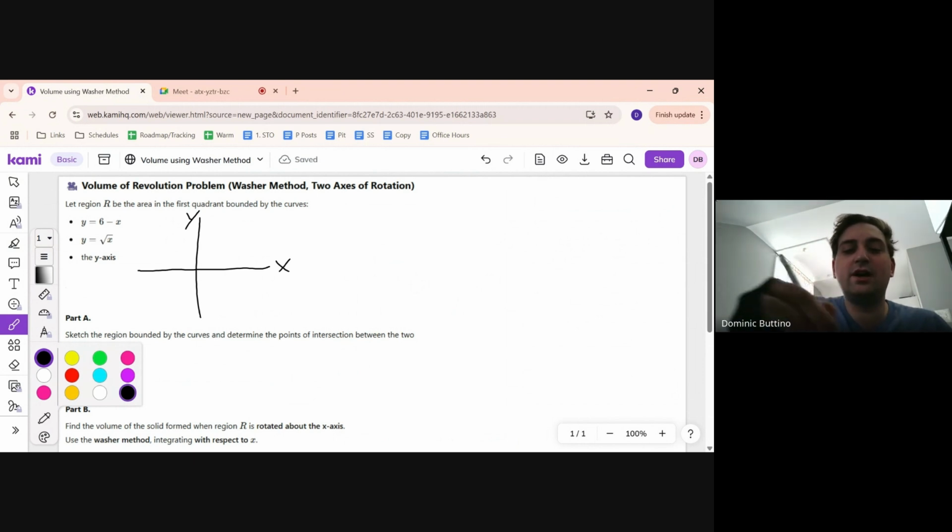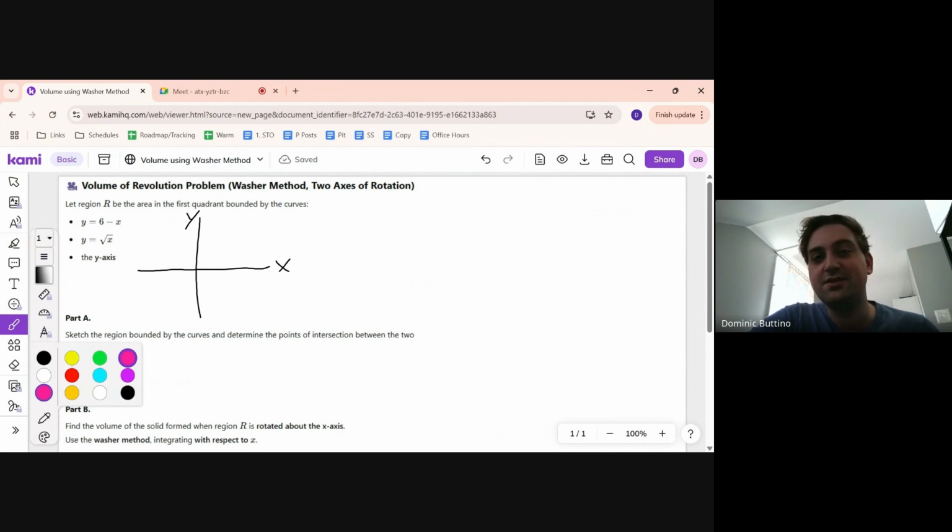Okay, so 6 minus x, that's going to have a y-intercept of 6, actually an x-intercept of 6. That's kind of what's cool about this structure. It's a line that has a slope of -1. If you want some review with that algebra, you can find videos on slope-intercept form. We're going to try to do this one without a calculator.